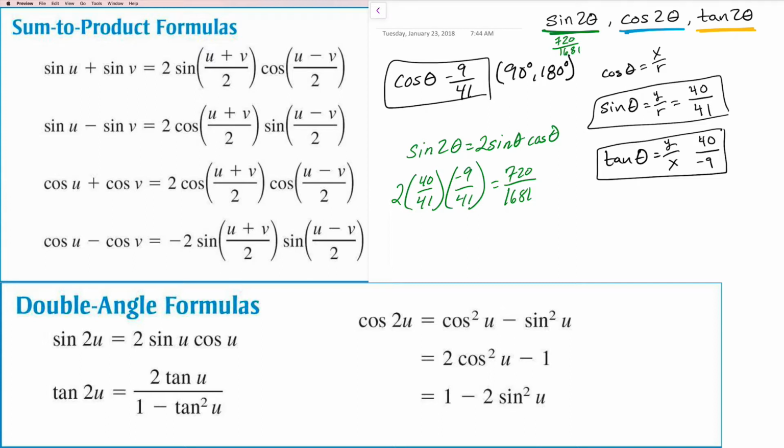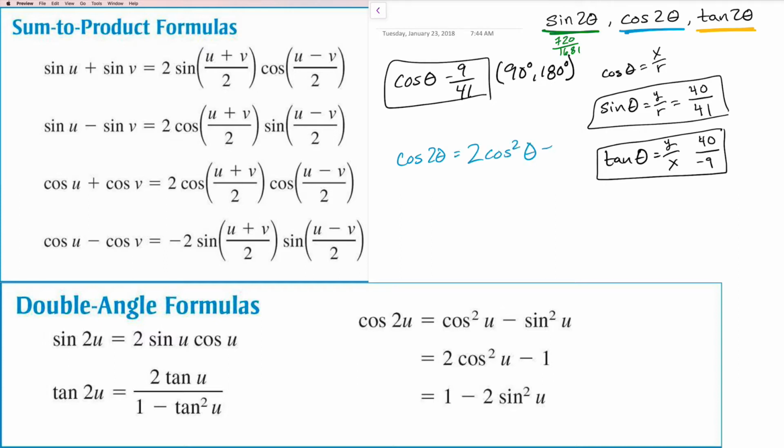All right, so now let me look for my cosine 2 theta. Now recall that I can use any of the 3 formulas on here, but I'm just going to go ahead and pick one here. I'm going to pick a different one than I did last time, just so you can see how it works here. So 2 cosine squared theta minus 1. So that's 2 times the value of cosine, which is negative 9 over 41, squared minus 1.